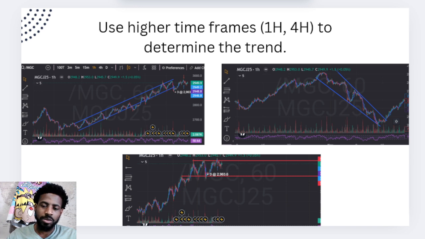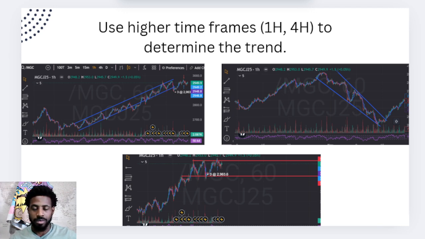So a lot of times you do want to check the higher time frame to see if it hit any resistance, double tops, or head and shoulders, because you might be thinking it's going up because it's been going up for a while, but it's going up to hit that resistance. A lot of professional traders know this, so they play supply and demand, support and resistance.